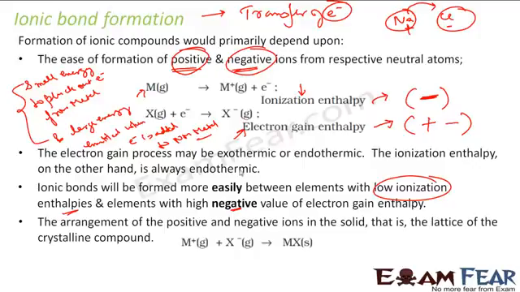Also, only these two energies are not responsible for creating an ionic bond. The third energy is also required, the crystalline or lattice energy, because the arrangement of these positive and negative ions in the solid also gives some energy. As I told, energy is all stress. If people are arranged in a proper way, the stress is less and there will be less energy.